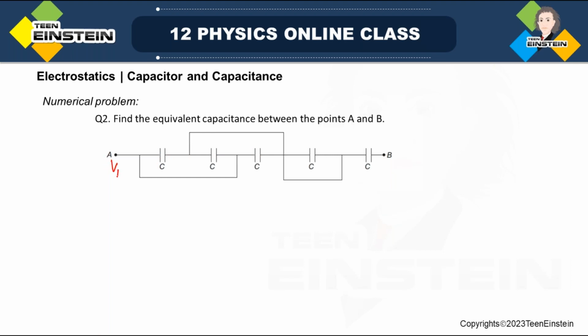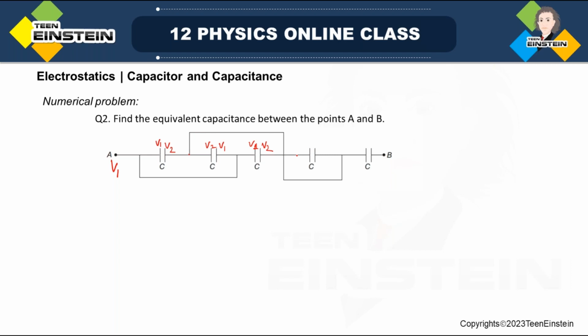Look, this plate will be at V1, and this is some other potential, I'm taking that as V2. This is going up to here, so this is at V2 again, but this is at V1, because this is connected here. So since this is at V1, and this part is going and connecting here, this is at V2.